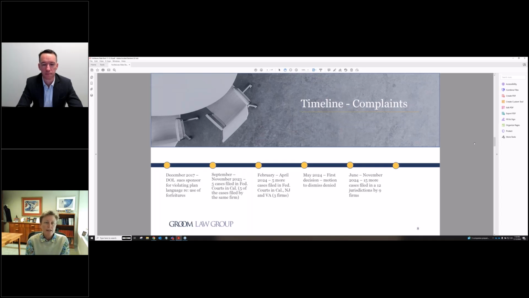And I think in this case, the plaintiffs' attorneys were trying to figure out where courts might be particularly helpful, say in the Ninth Circuit. Those might well be courts that the firm was particularly familiar with. The particular firm that started this trend is not a firm that's super well known in terms of ERISA cases.